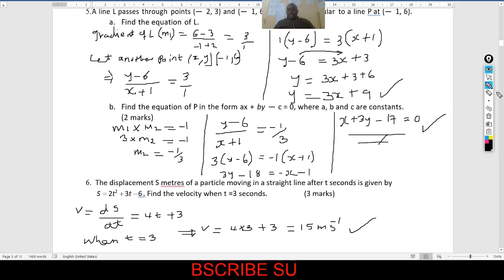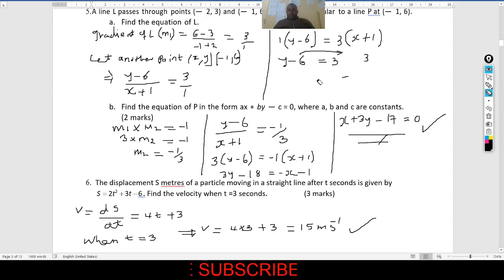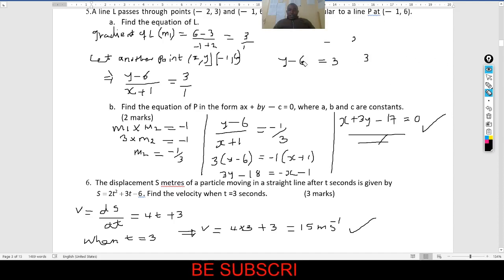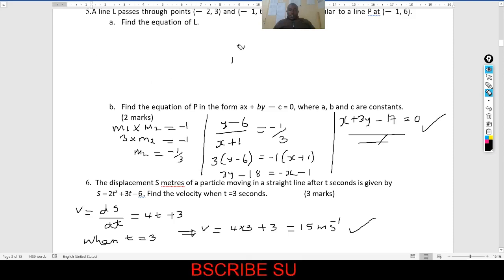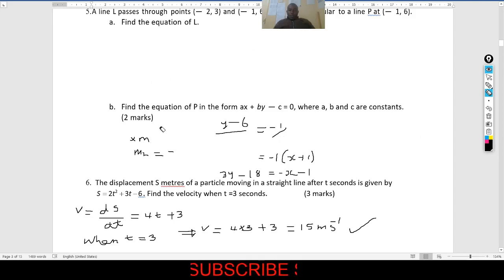So that is how we do the differentiation. That's how we differentiate these numbers. You need to remember how to differentiate numbers. Then we go to the next question.